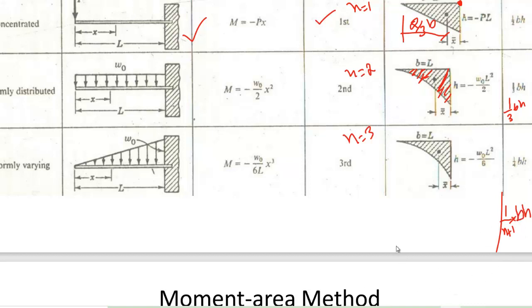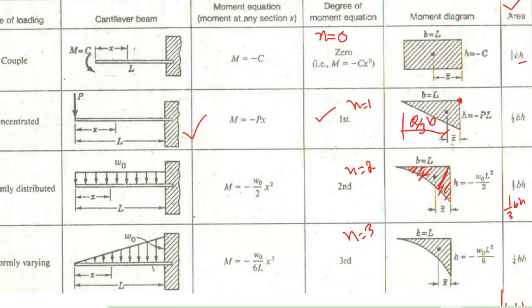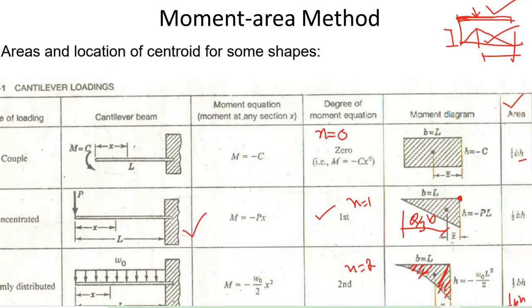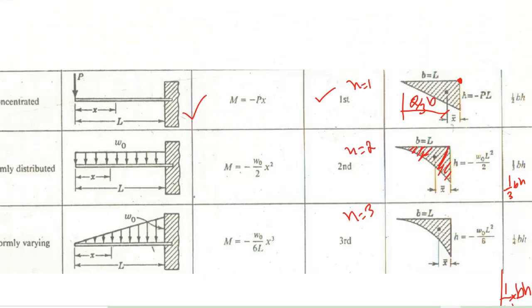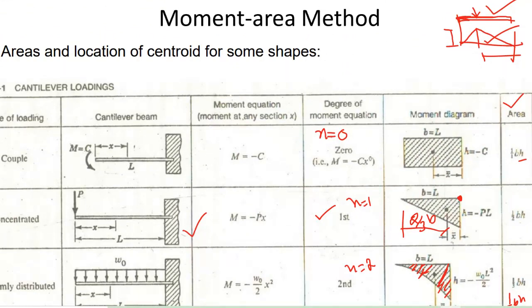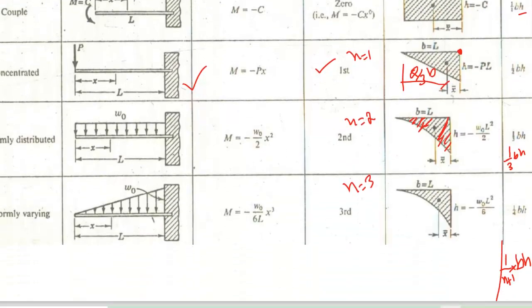But for this one I can say 1 by n plus 2 into B, because have a look, you can consider 1 by n plus 2, n is 0, so n plus 2 means 2. So either you can follow this formula, 1 by n plus 1 BH for the area, and 1 by n plus 2 into B for the X bar. But keep in mind, this X bar distance starts from the base.